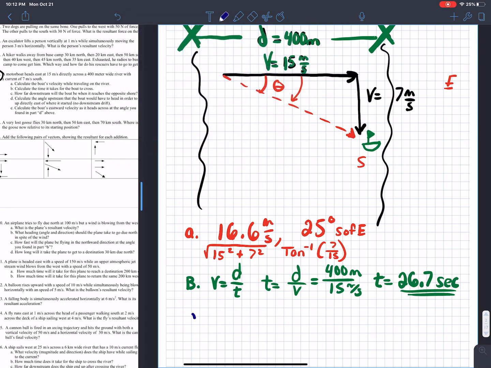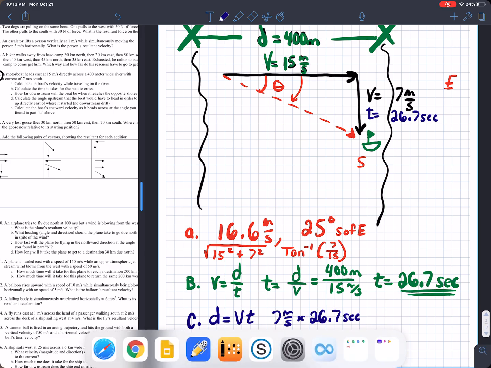To figure out how far downstream you're going to go, we know the time that you're on the river for is 26.7 seconds. So to figure out the distance, we use that kinematics formula again, where it's going to be velocity times time. Now, the velocity is 7 meters per second times your 26.7 seconds.